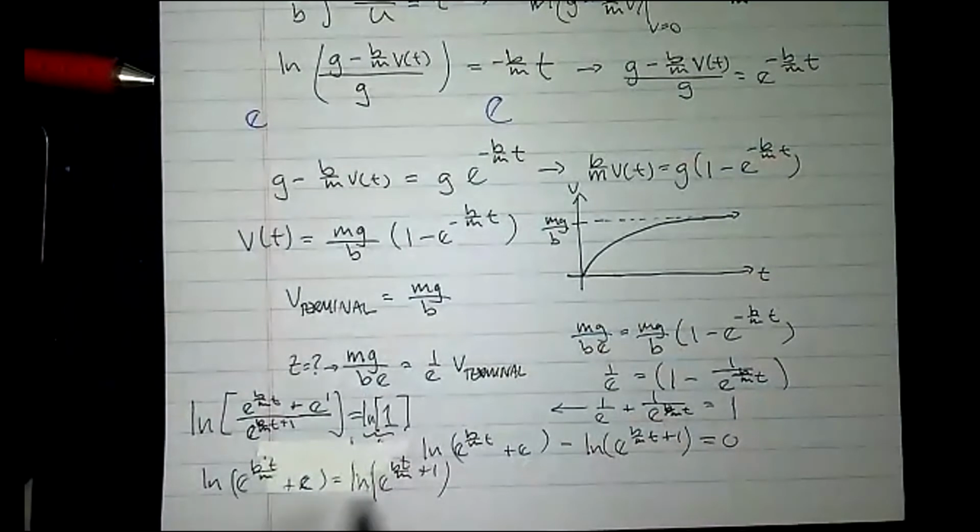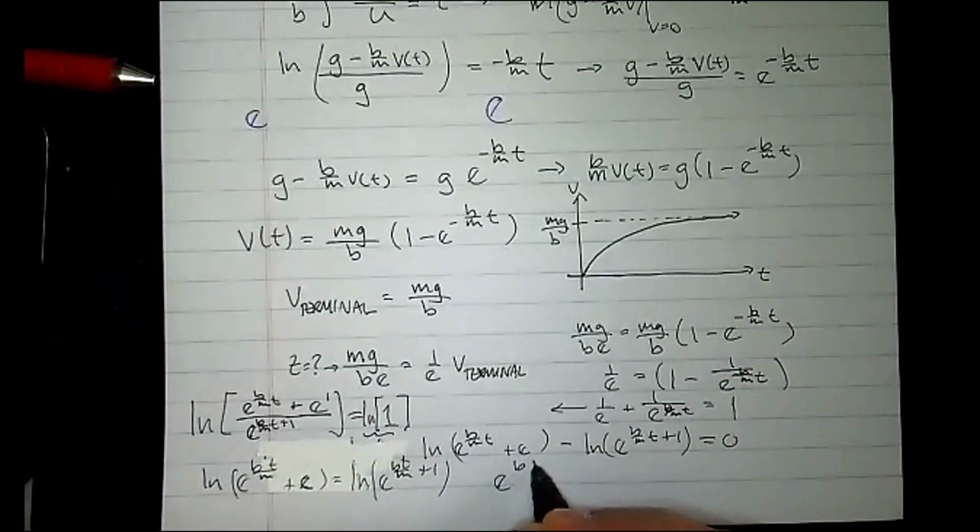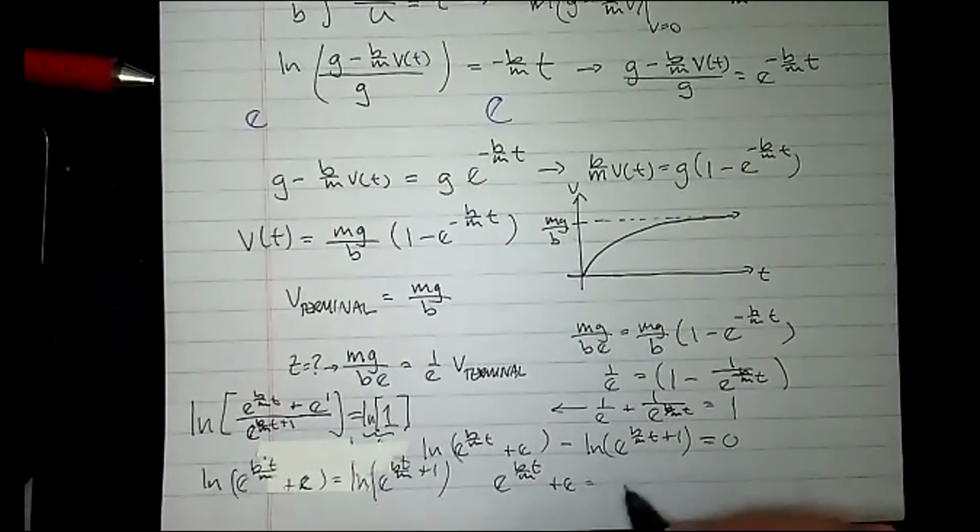That basically means that these two things can be equal to each other, which, yeah, I guess that works. So we'll say e to the bt over m plus e is equal to e to the bt over m plus 1.